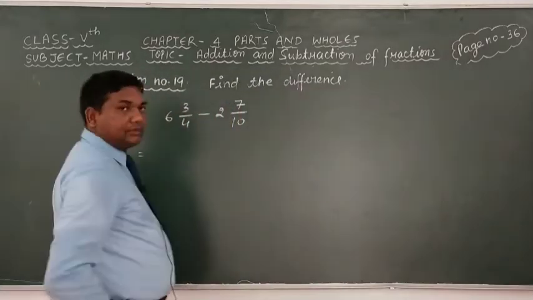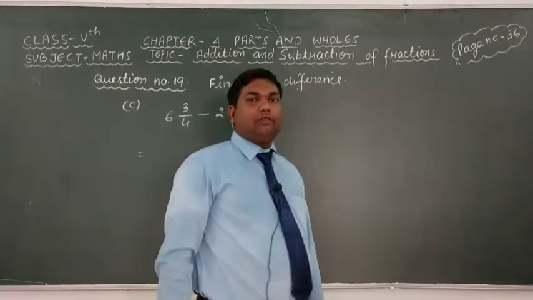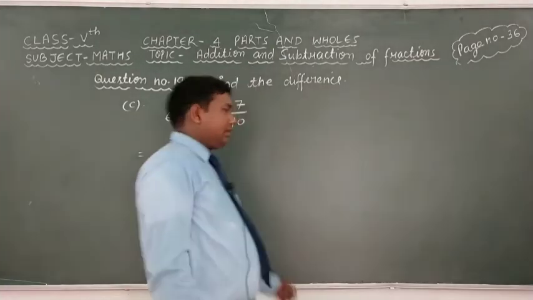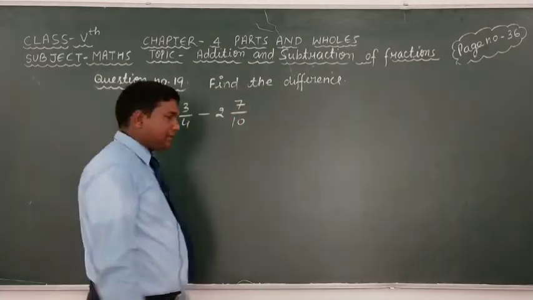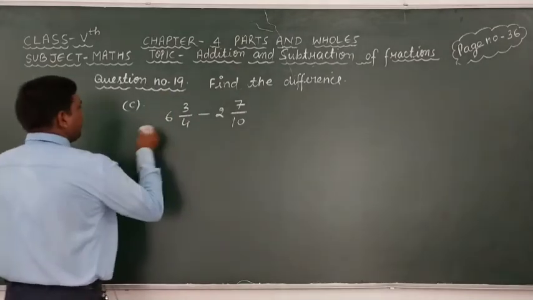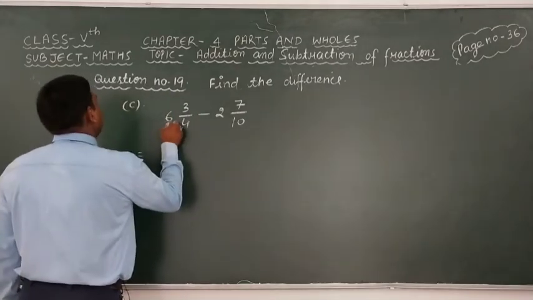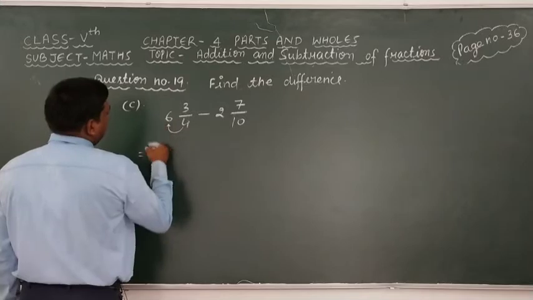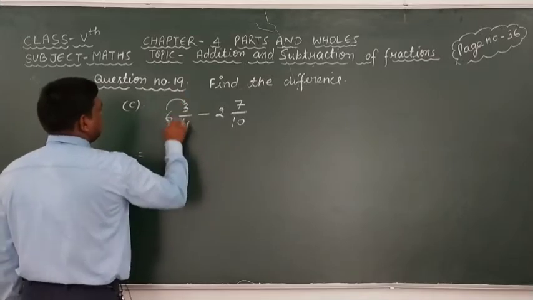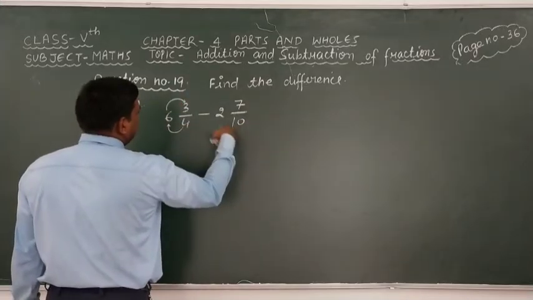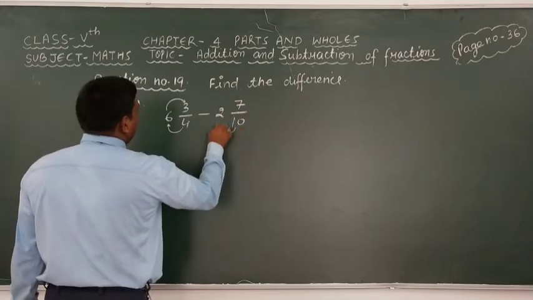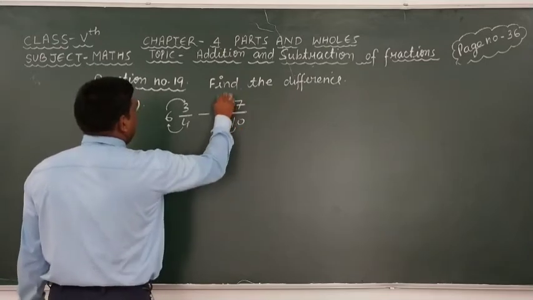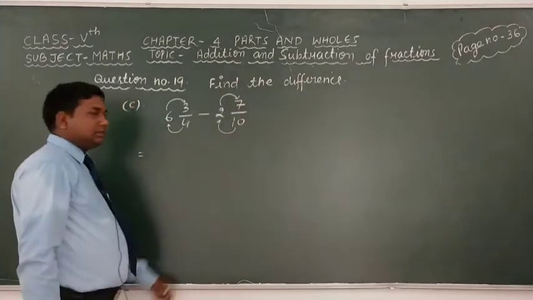Here given that two mixed fractions, therefore firstly we have to change the given mixed fractions into improper fractions. Okay, firstly we have to take the multiplication of 4 and 6, then add 3. Similarly we can take the multiplication of 10 by 2 and then add 7 in this fraction.